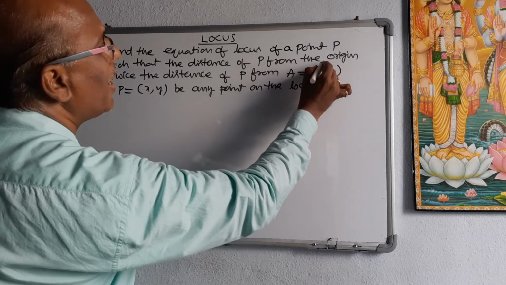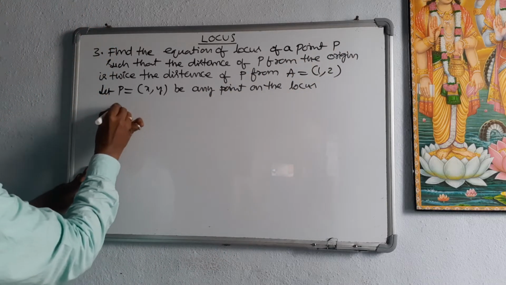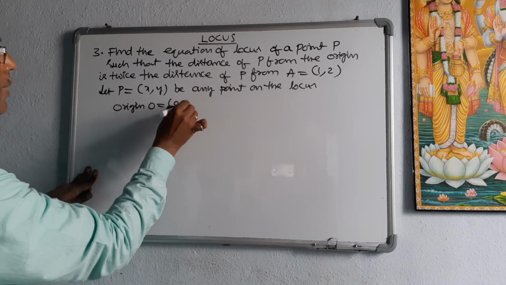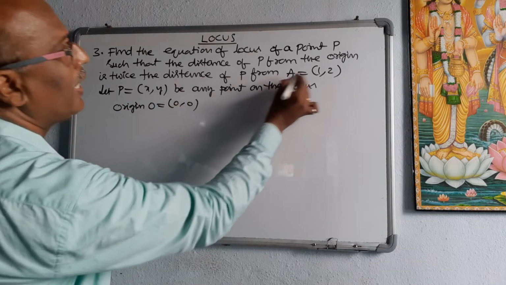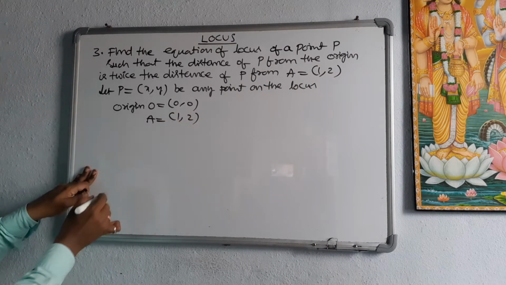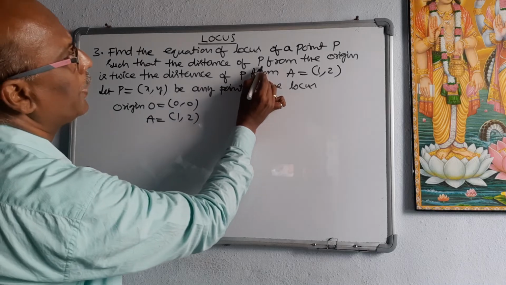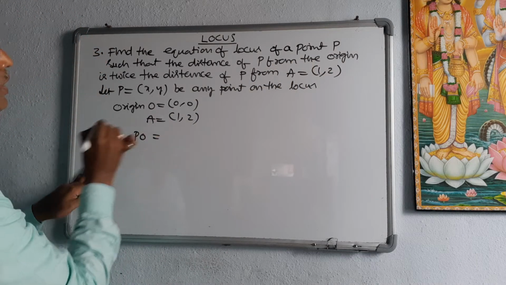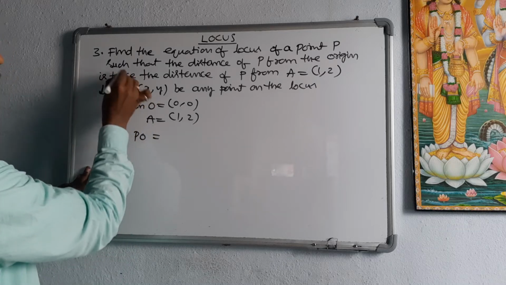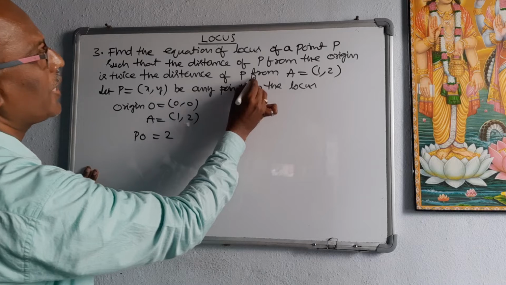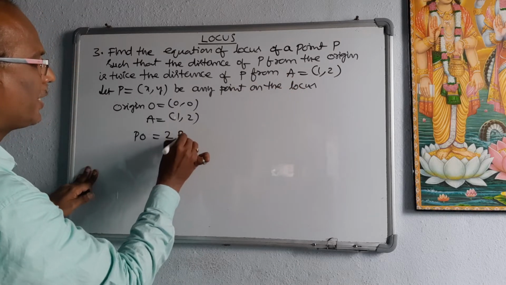The origin is O = (0, 0) and A is given as (1, 2). The given condition is that the distance of P from the origin, PO, is twice the distance of P from A, PA.